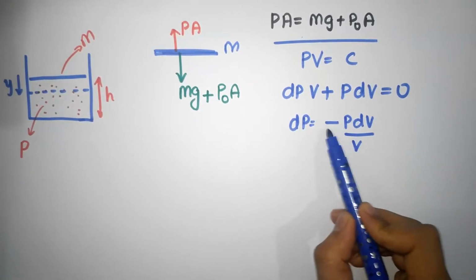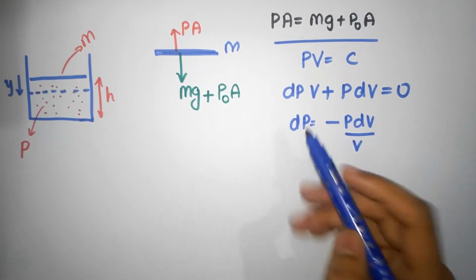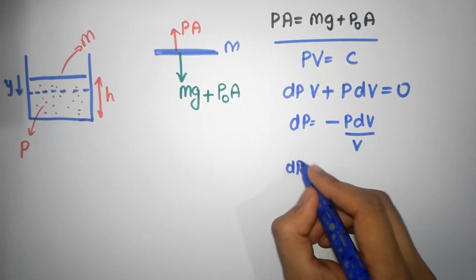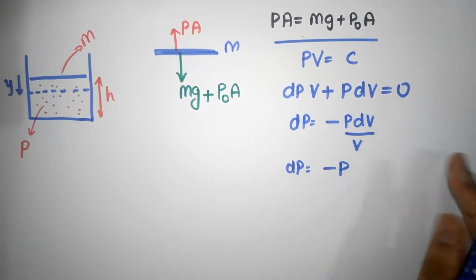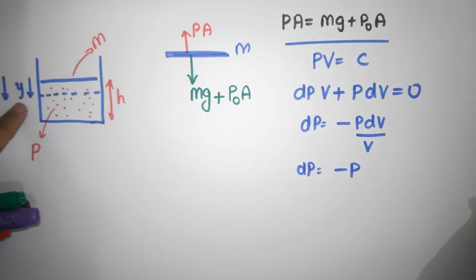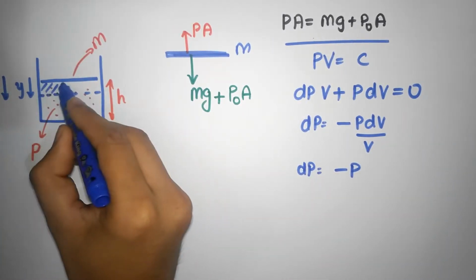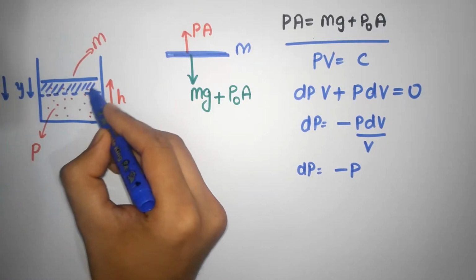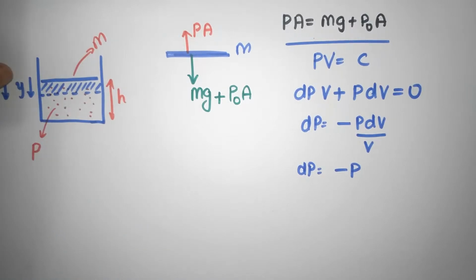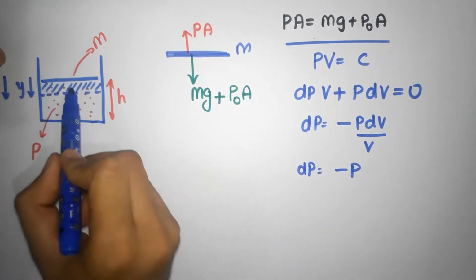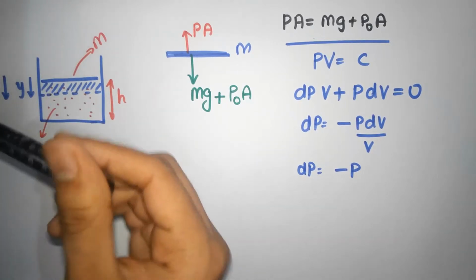The minus sign is already telling me that the volume change dV is negative, so I have already taken care of all the negative signs. So dP is equal to minus P, that's the current pressure, times dV, that's the change in volume. Since this displacement is extremely small, we can calculate what that change in volume is. That volume is the area of the piston that was given to us. I forgot to mention that in the drawing.